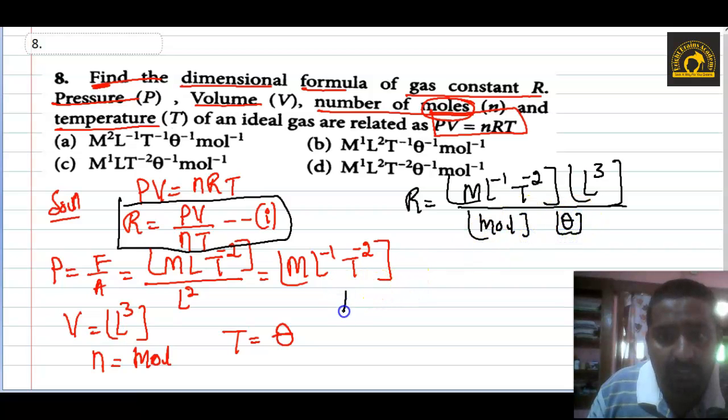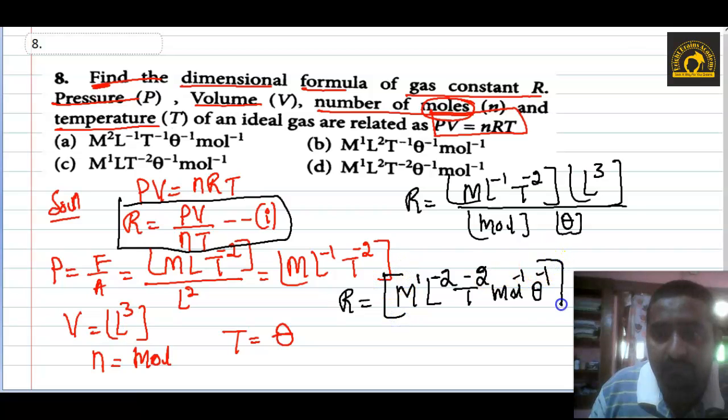So now the gas constant is equal to M 1, L, minus 1 plus 3, that is 2, T minus 2, per mole per theta. Okay, so this is the dimensional formula for gas constant.